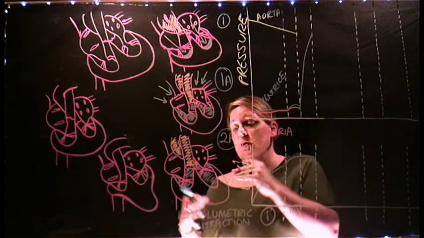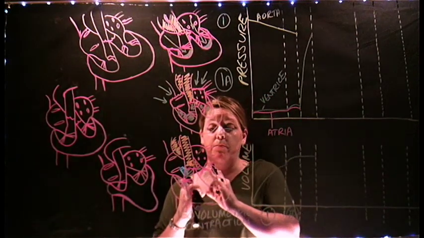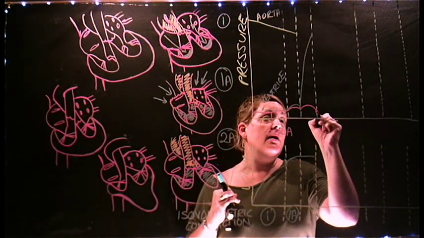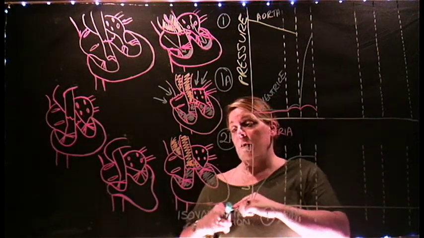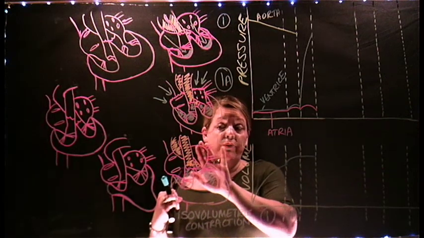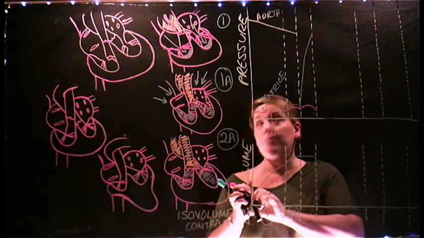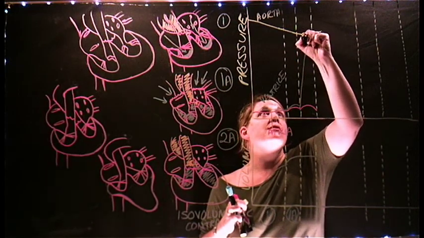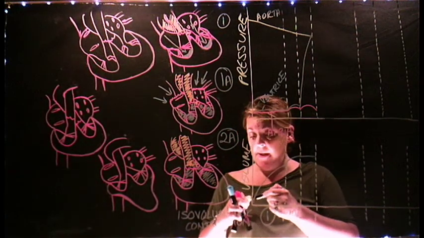Also, because the blood is being pushed upwards, we will see a bit of a kick in the atrial pressure because that will reduce the volume in the atria briefly. And our aortic pressure still hasn't changed yet. It's coming down to meet it.